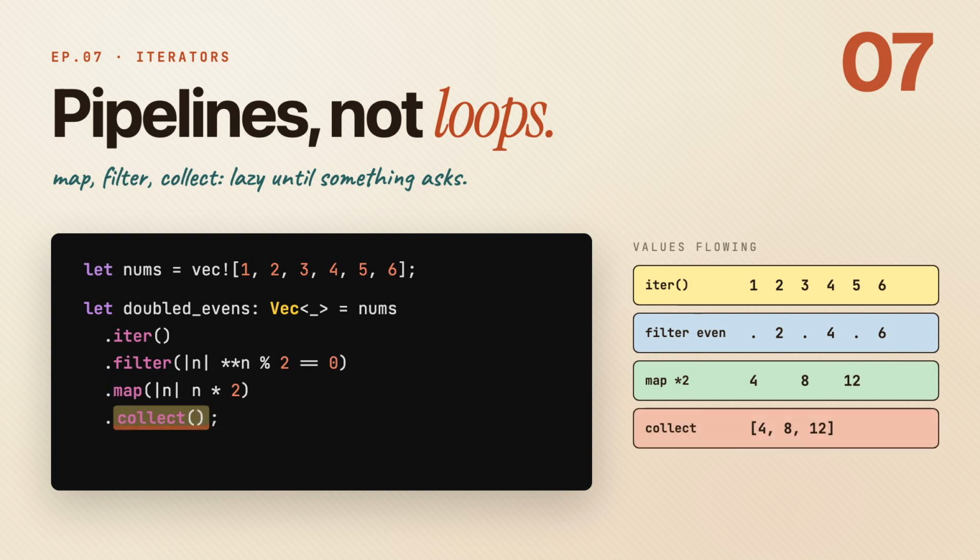And collect is what finally asks. It pulls everything through and gathers it into a Vec. So 4, 8, 12, and here's the thing. The whole chain compiles down to one tight loop.